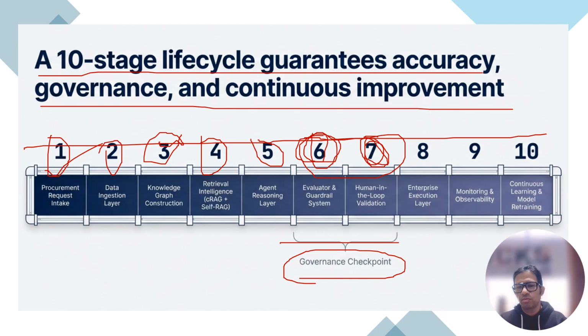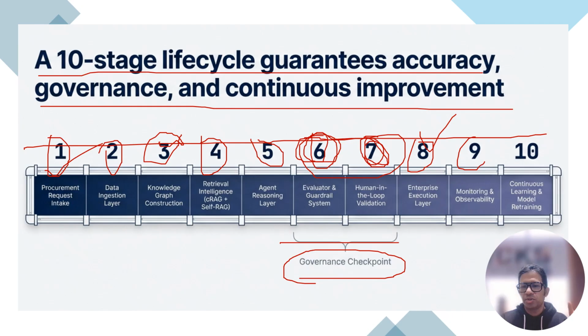Now comes to stage 8. Stage 8 is execution. This is where we create PR, PO, trigger onboarding, send RFQ, update ERP, but only after governance passes.